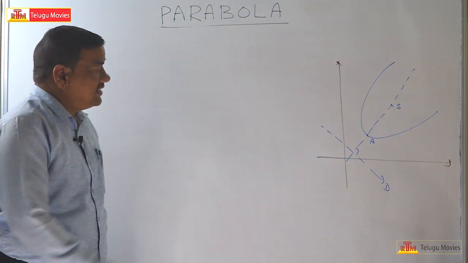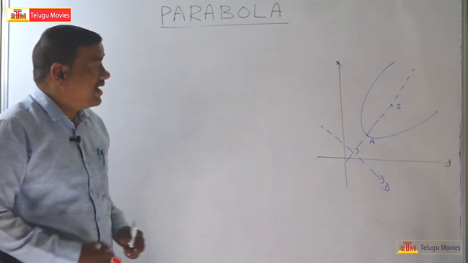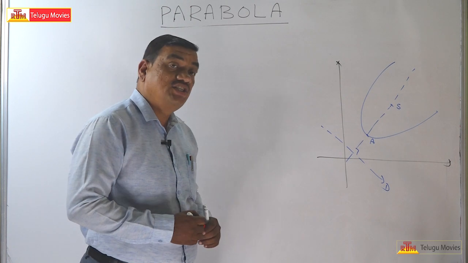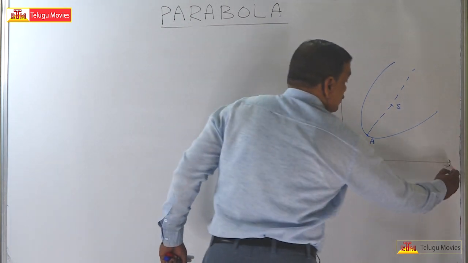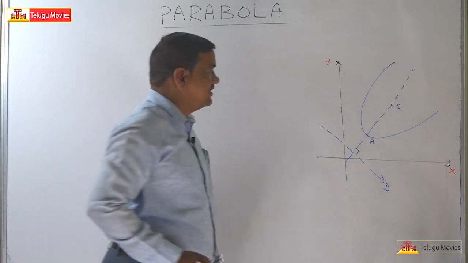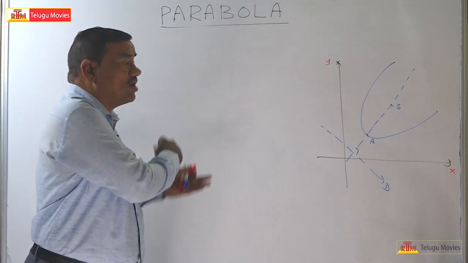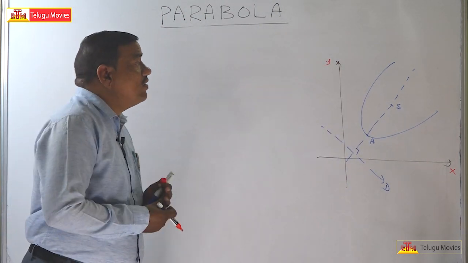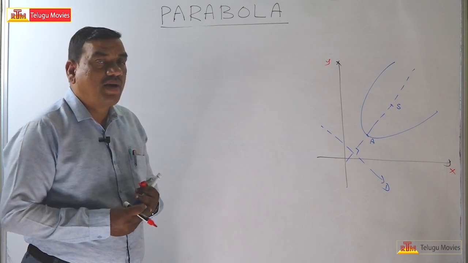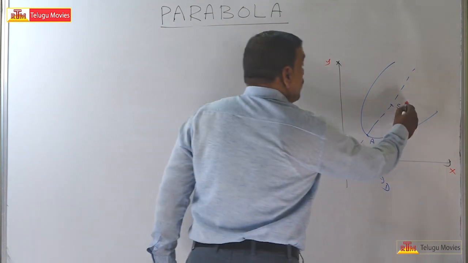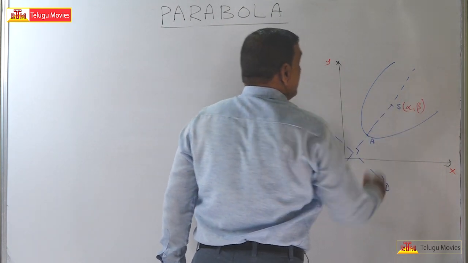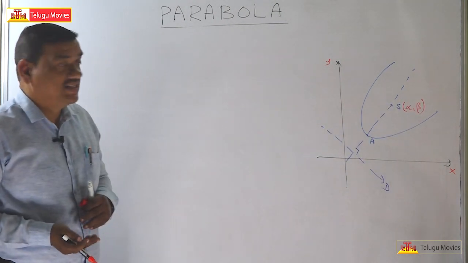Welcome back. Let us see the parabola. The axis of the parabola is neither parallel to the x-axis nor to the y-axis. So this is the x-axis and this is the y-axis. Then what is the equation of that parabola? That is what we are going to see here. Let the focus be (alpha, beta), because it does not lie on the x-axis or y-axis.